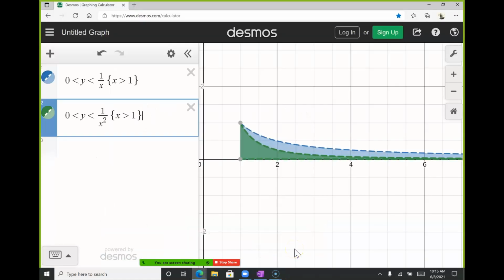So that blue area is infinite. But almost all areas below it are going to converge. In this particular 1 over x squared, we could easily show it converges, right? David, talk to me.